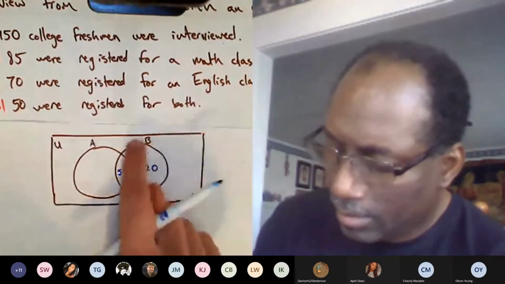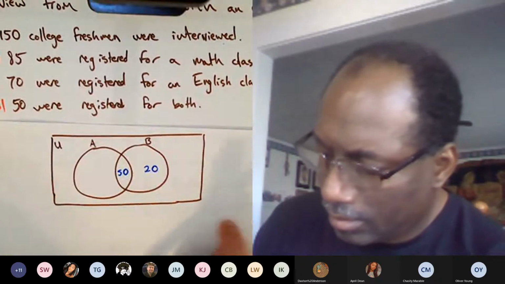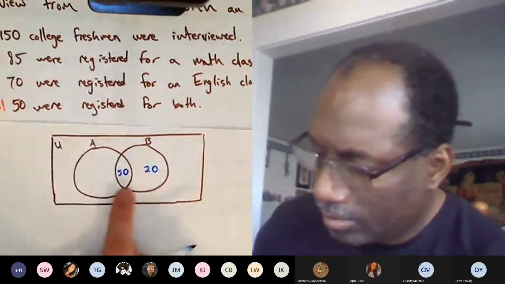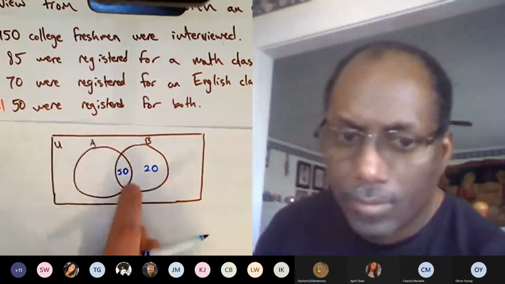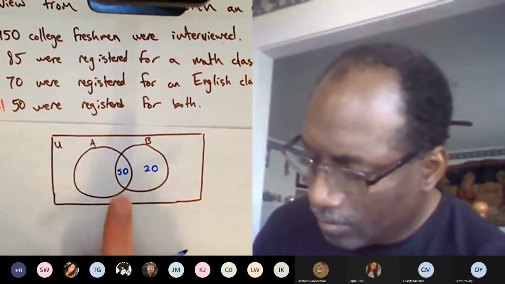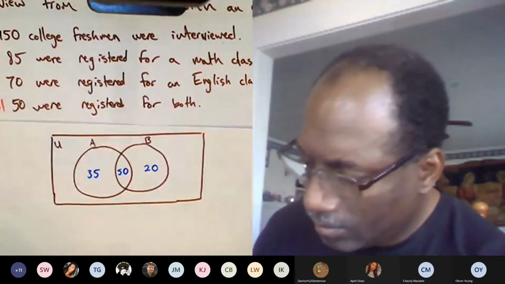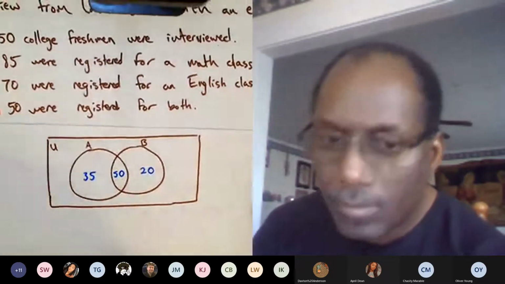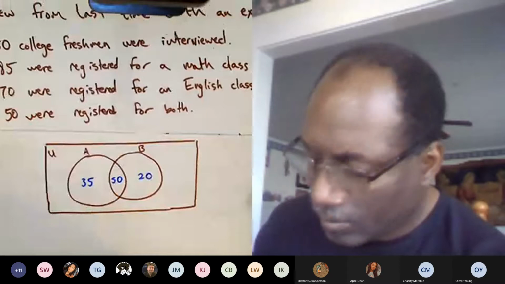So that's my 70 elements in B: 50 there and 20 there. And then there are 85 who registered for math, but 50 of them are already there. This whole set here should be 85, but 50 of them are already there. So that means I must have 35 right there. All right, so no problems with that. Just some addition, subtraction, you know, depending on how you look at it, it's either an addition or a subtraction problem.